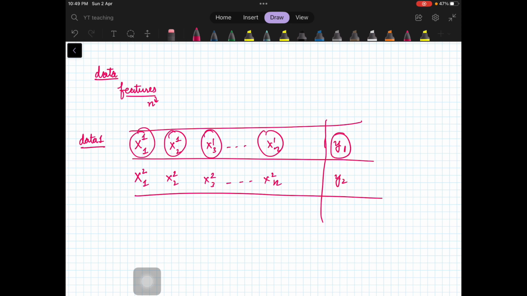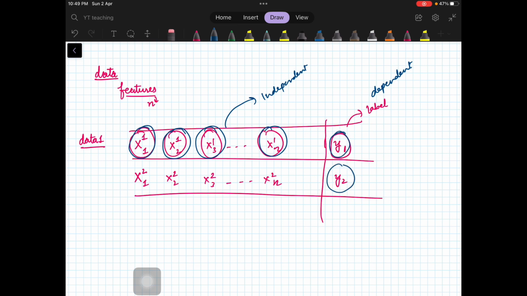It is called a label. If you are a person from a mathematics background, these are your independent variables, and this is your dependent variable, right? In artificial intelligence or machine learning terms, we call them features, and we call them labels.